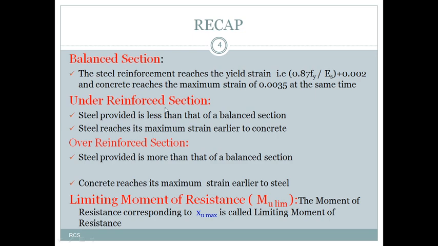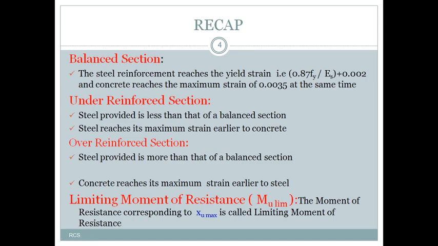And in this under reinforced section, the steel provided is less than that of a balanced section. So the designer will prefer under reinforced sections only. What is the reason for this?